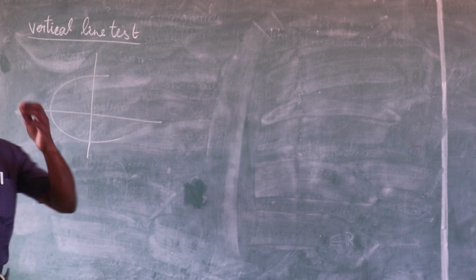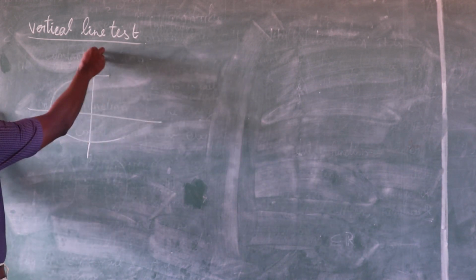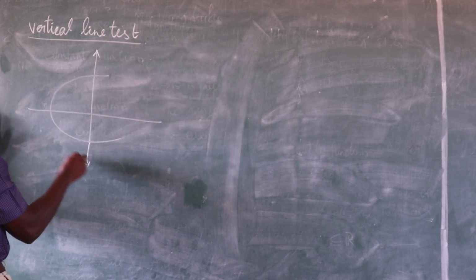So, vertical line and horizontal line. Which is the vertical line? The vertical line is the y-axis, and the horizontal line is the x-axis.